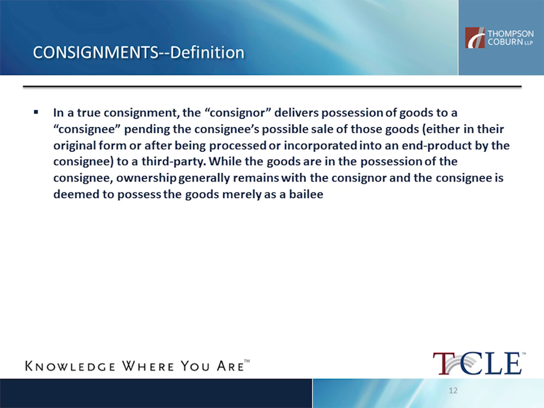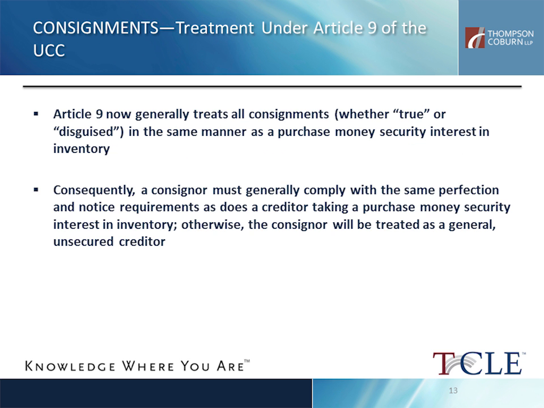So the drafters of Article 9 said, well, we're going to simply avoid this whole debate about whether something's a true consignment or a disguised financing, and we're going to say, regardless of whether it's true or disguised, you still have to comply with what are essentially the purchase money security interest rules.